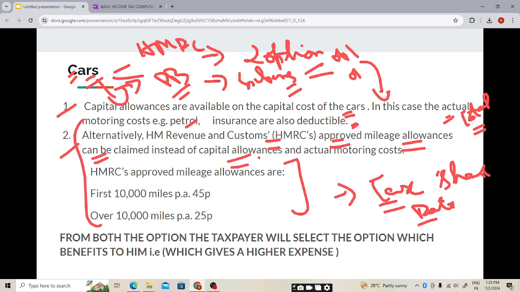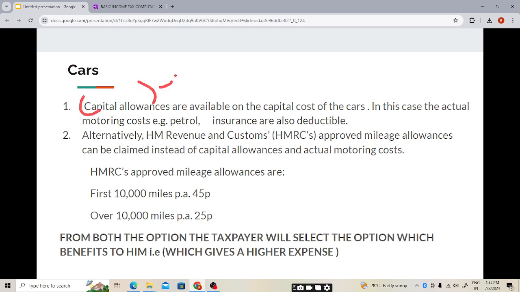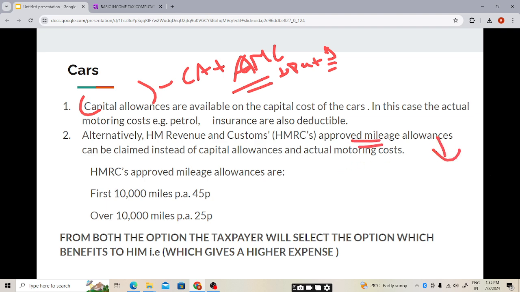Instead of claiming the capital allowance and actual motoring cost, which was the first option, where you can claim capital allowances plus actual motoring cost, that is petrol, insurance, etc., the second option is the approved mileage allowance. If you travel your first 10,000 miles, it is at 45 pence. Over 10,000 miles, it is at 25 pence.